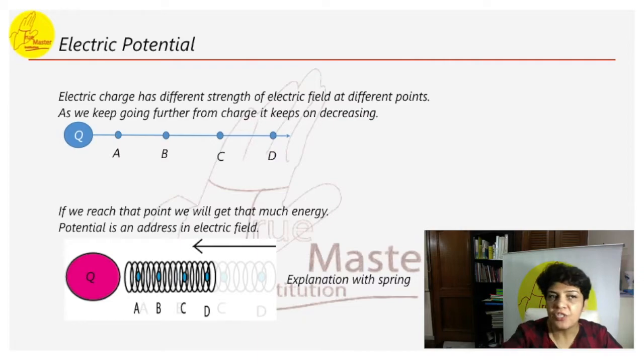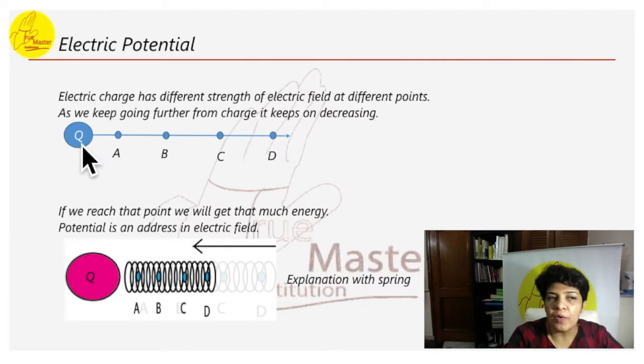An electric potential is the amount of work needed to move a unit of charge from a reference point inside a field without producing acceleration. This also means that an electric charge has a different strength of electric field at different points. In this example, let's say charge Q is the electric charge.